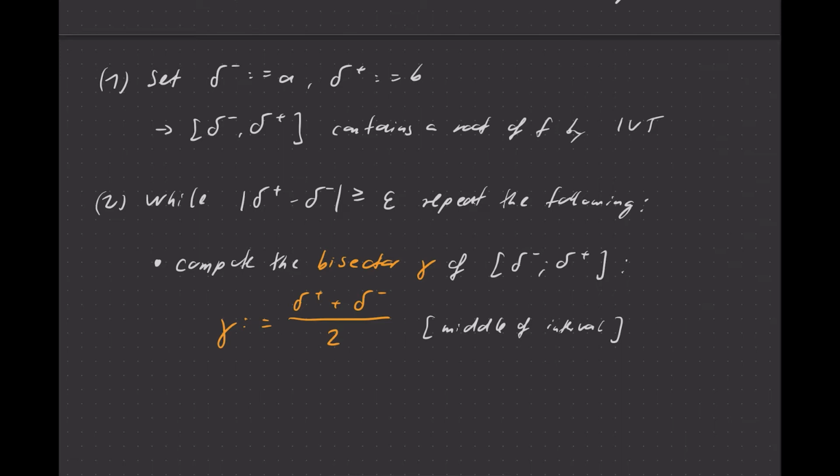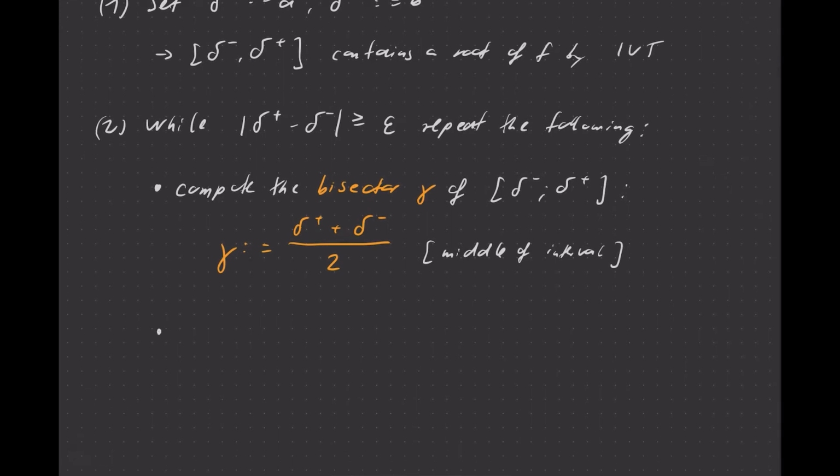And now there's three possibilities. We compute the function value at gamma, and either the function value is 0, then we've hit the jackpot, and we can just return that gamma as our x star.